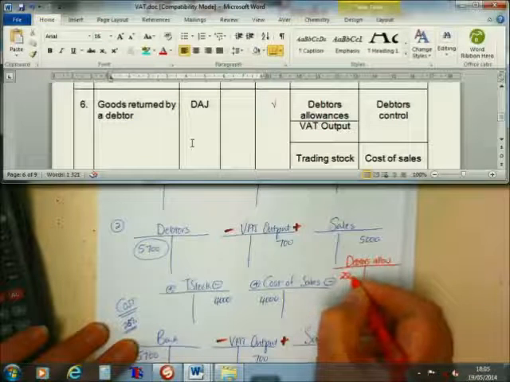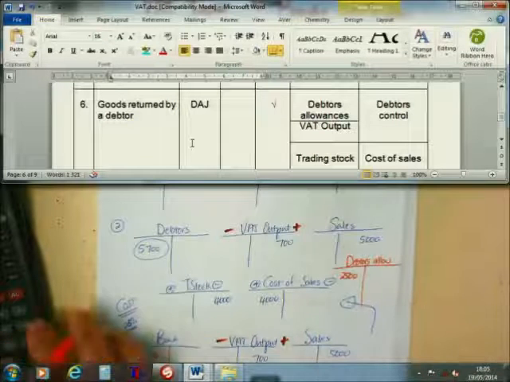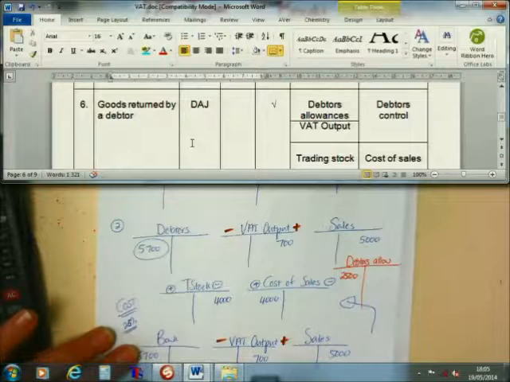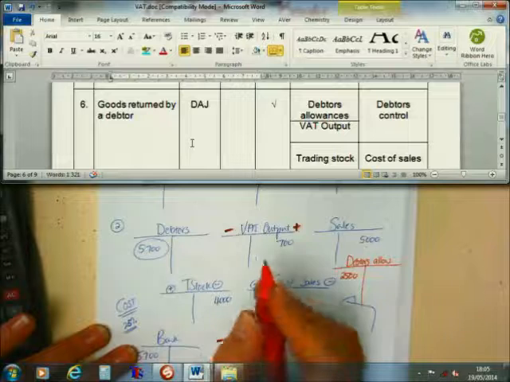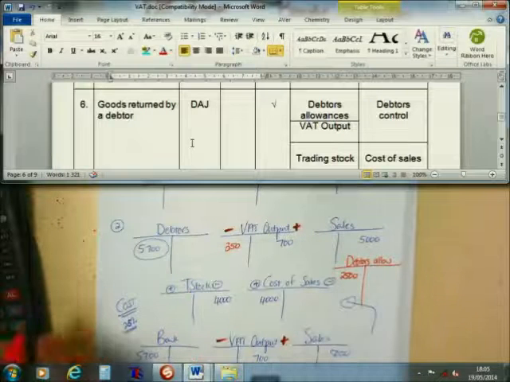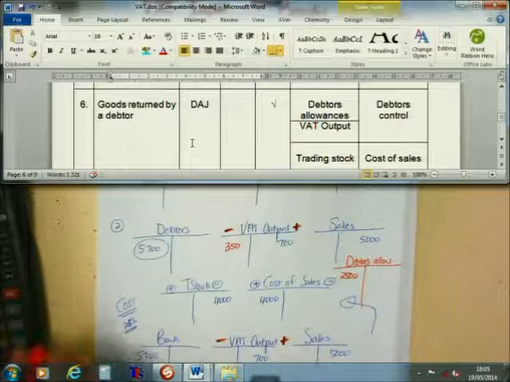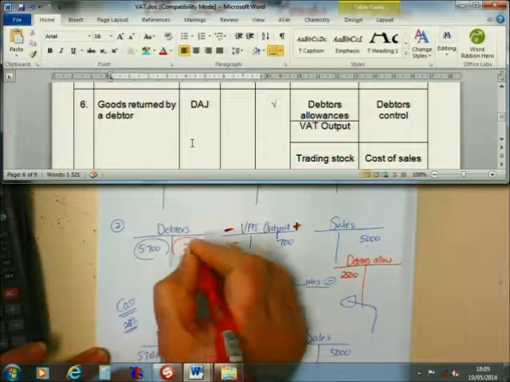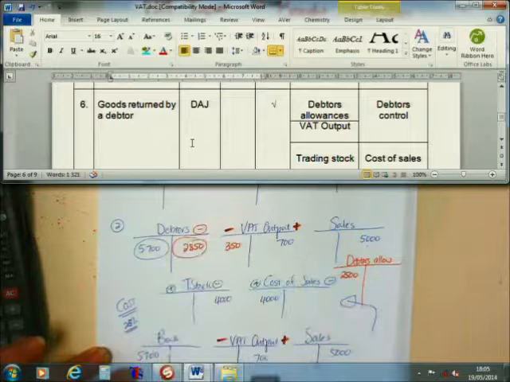Half of the goods the debtor are not happy. 2,500 times the 14% gives you 350. 2,500 plus 350 gives you 2,850 is the amount that we owe the debtors less.